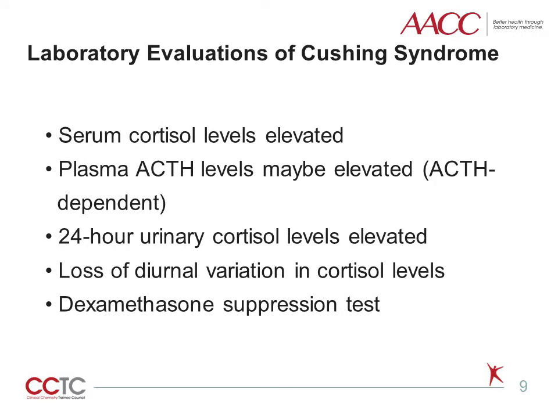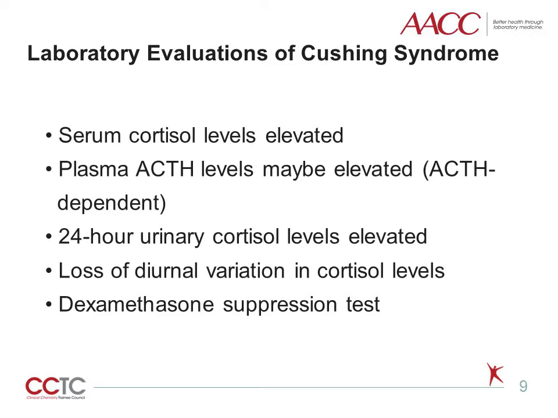Overall, in Cushing syndrome, you would expect to see high serum cortisol levels. Plasma ACTH levels may be elevated in ACTH-dependent Cushing syndrome, particularly in ectopic ACTH-secreting tumors, while in pituitary tumors, ACTH could be normal or only moderately elevated. 24-hour urine cortisol levels are elevated.